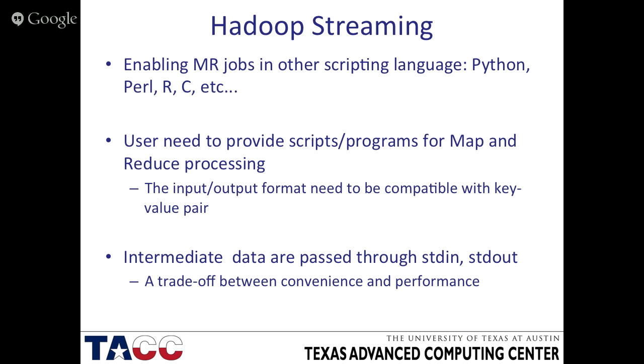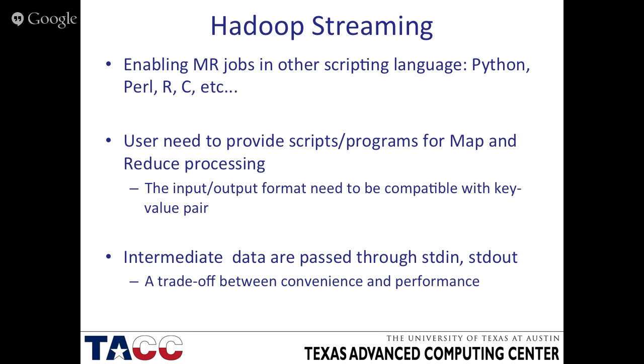For Hadoop streaming, the goal is to enable people to run MapReduce jobs with other languages as well. The other language could be Python, Perl, R, or any of your favorite programming languages. As long as what you write meets certain input-output requirements, you may be able to use it directly with the Hadoop streaming feature.